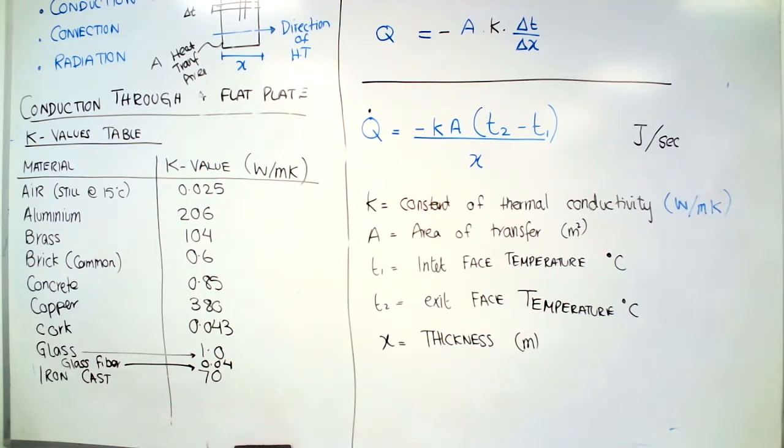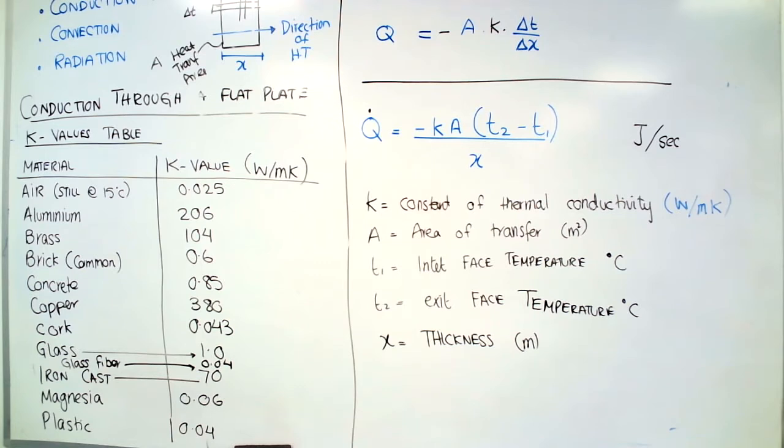So we have magnesia, which is 0.06. Plastic is 0.04. Okay, these are some common values.